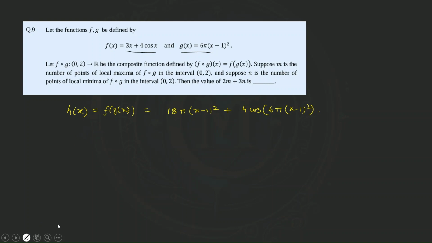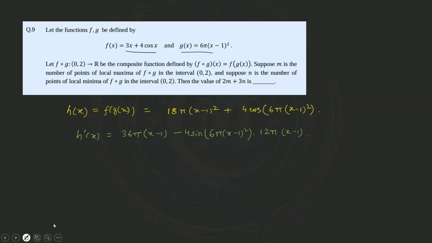So we have to differentiate this function to check for its critical points. So h dash x will be, if we differentiate this, 36 pi times (x minus 1) plus minus 4 sine of this, and then times 12 pi (x minus 1), right?